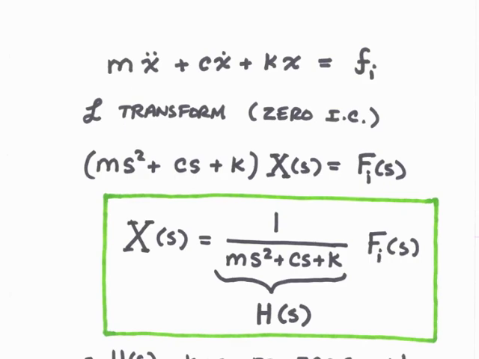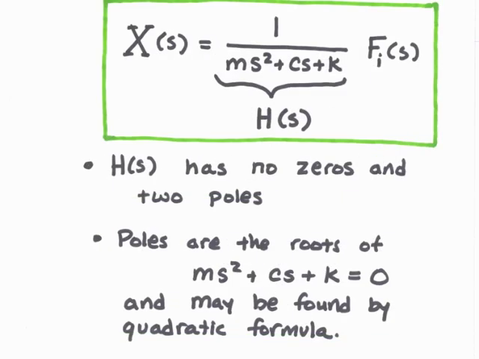Transfer function H of s has no zeros, no roots of its numerator polynomial, and it has two poles, that is, two roots of its denominator polynomial. These poles are easy to find. They're just the roots of ms squared plus cs plus k, and that's a quadratic, so we can find these roots by applying the quadratic formula.